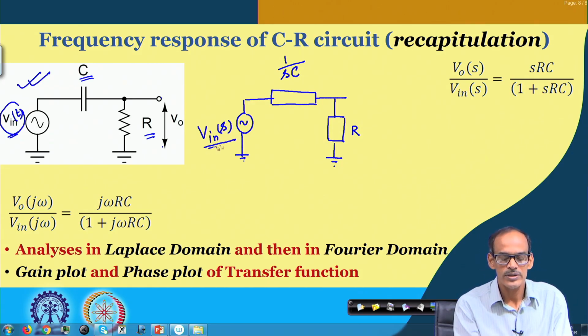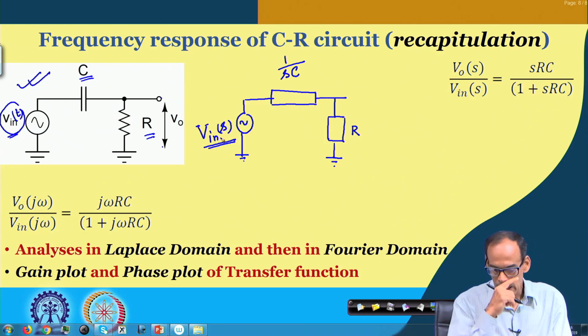So, we are using a different notation here, capital V_in(s), and the output, on the other hand, we are observing across this resistance, and the corresponding output is capital V_o(s).